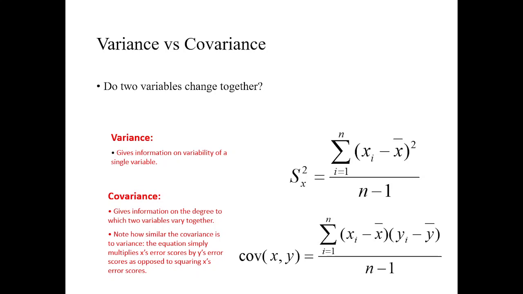Generally, this n minus 1 term is used for sample variance. If we are using it for the whole population, we can keep it as n itself. Hence, the covariance term is defined for x as well as y. The formula for covariance is summation of (xi minus x bar) into (yi minus y bar), summation from 1 to n, divided by n minus 1.